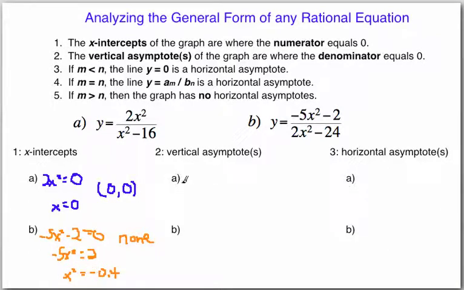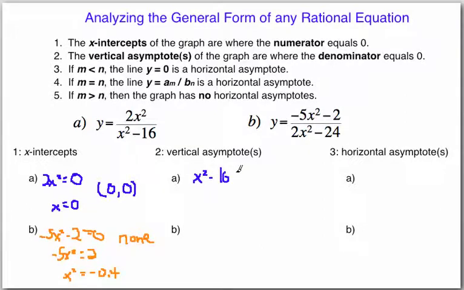Let's go ahead and move to the vertical asymptotes. The vertical asymptotes are very similar. Then you're setting the denominator equal to 0. Let's go back to our first equation here. We have x squared minus 16 equals 0.